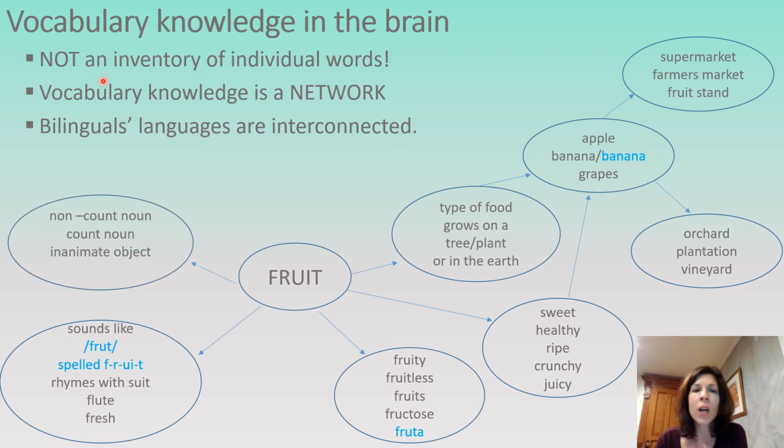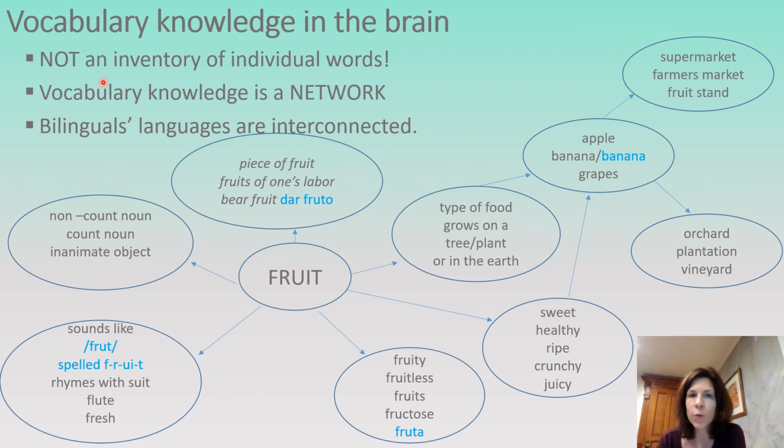And so you also have some syntactic knowledge in your representations. So you know that fruit is a non-count noun, okay? But it can also be a count noun if you're talking about specific fruits, right? Or a piece of fruit. We know that it's an inanimate object, okay? And that's going to impact how we deal with this word syntactically and semantically.